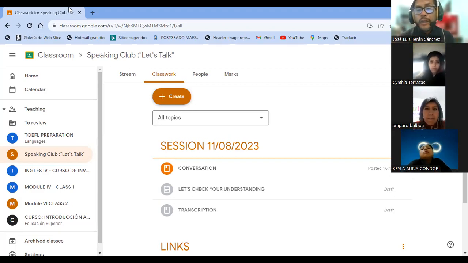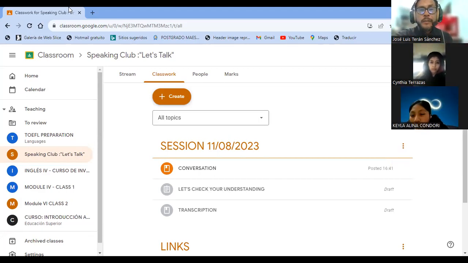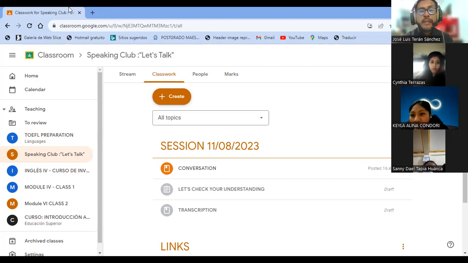So that's why you need to have your camera open, to see the other person. It's very important to see because all of our activities are focused on listening. So we're not going to use Spanish. It's very important to use English, so you also listen to the other person's English, so you understand and you practice.